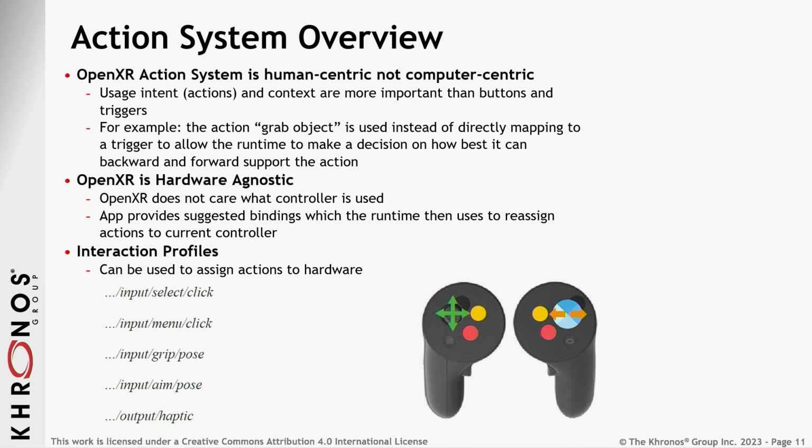So this is where this action system came to be, where, for example, if you want something to be a grab action, different vendors will implement that differently, but they would bind to their own hardware-specific platform.